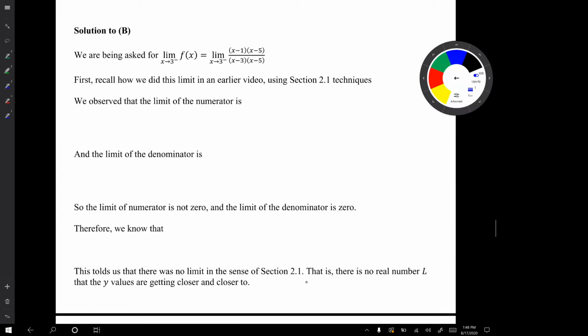In question B, we're being asked to find this limit, the limit as x approaches 3 from the left of f of x. Now, remember how we would have done this using section 2.1 techniques. We found that the limit of the numerator was the following.